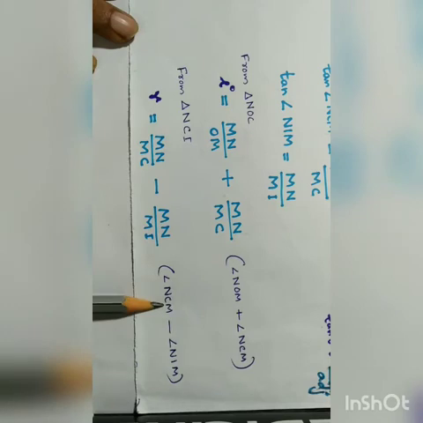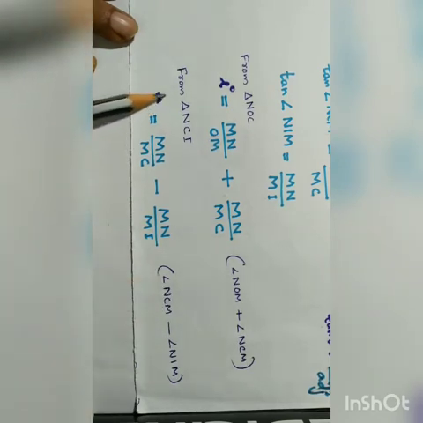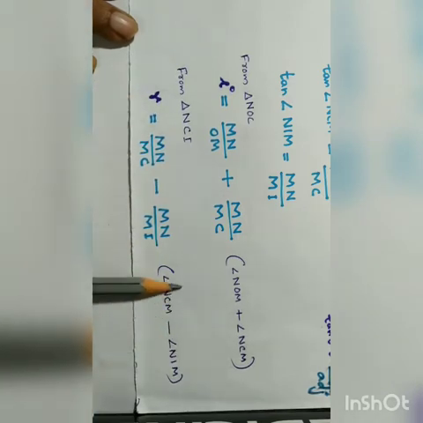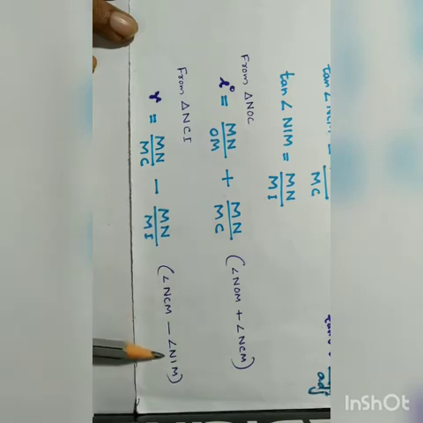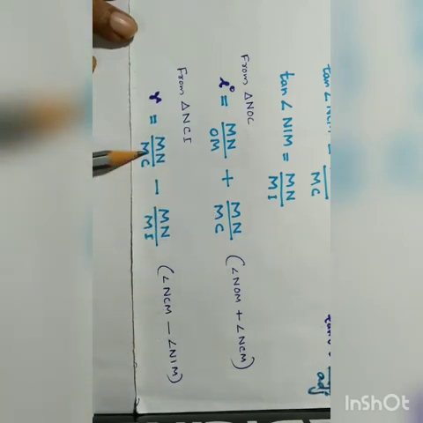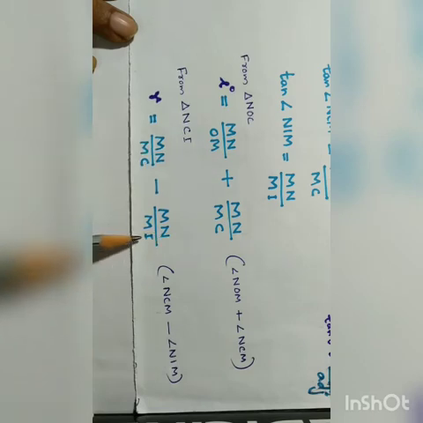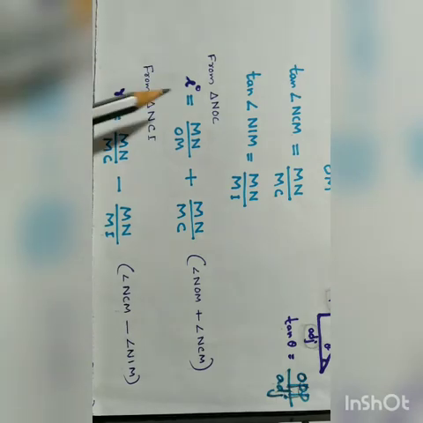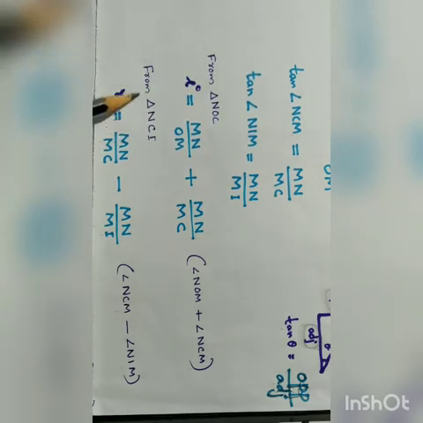Angle NCM is equal to the sum of the internal opposite angles, these two. So I can write that R is equal to the external angle minus the other internal opposite angle. And instead of these two, I can write MN by MC like we did here: MN by MC minus MN by MI. Since we have got the values of I and R, we are going to apply Snell's law.